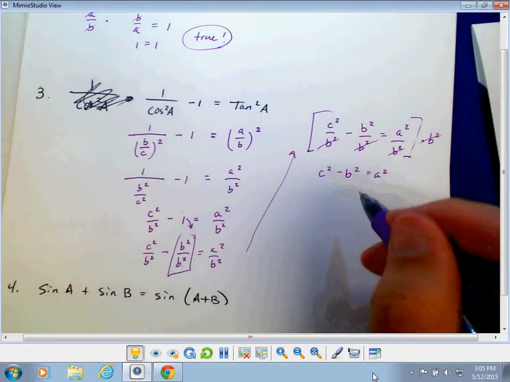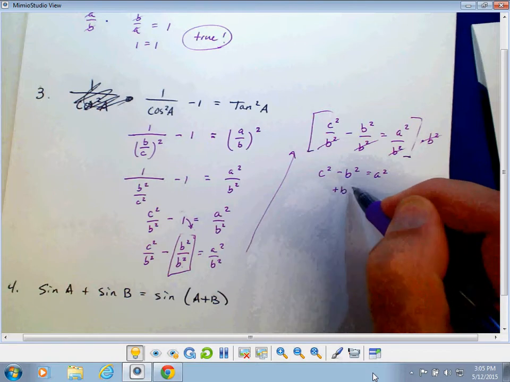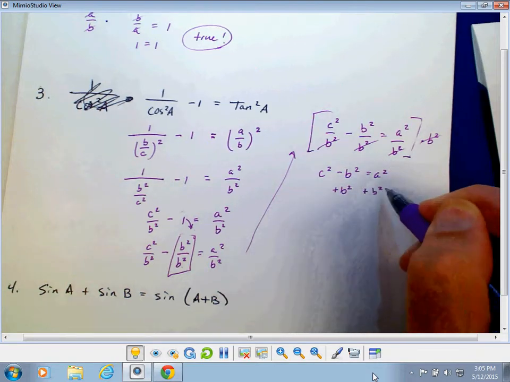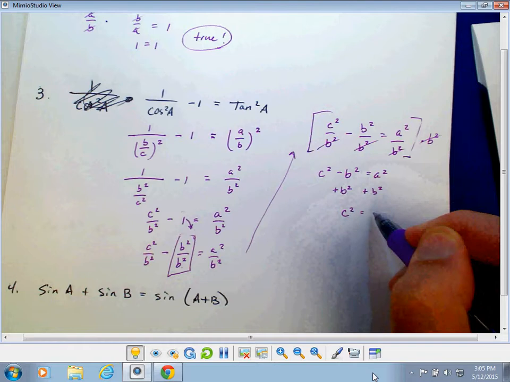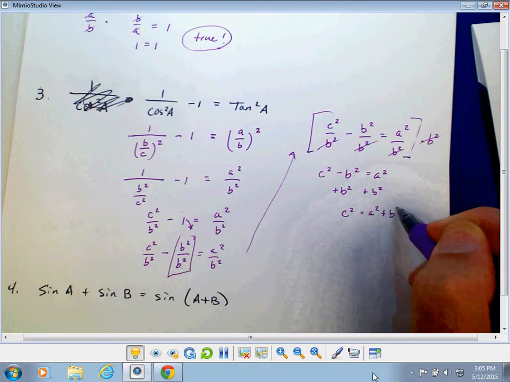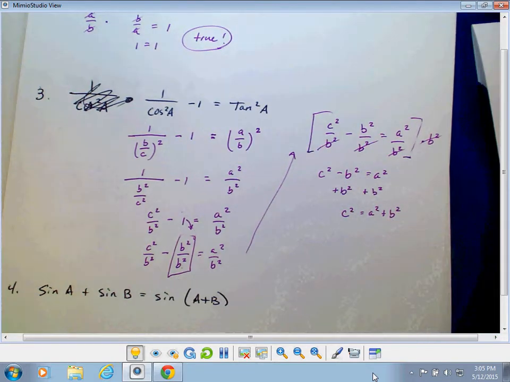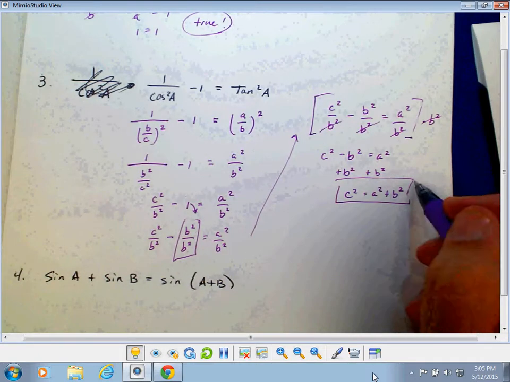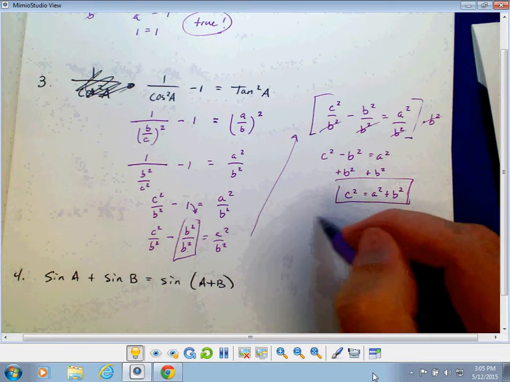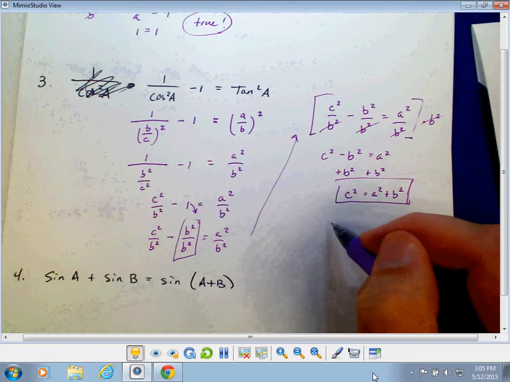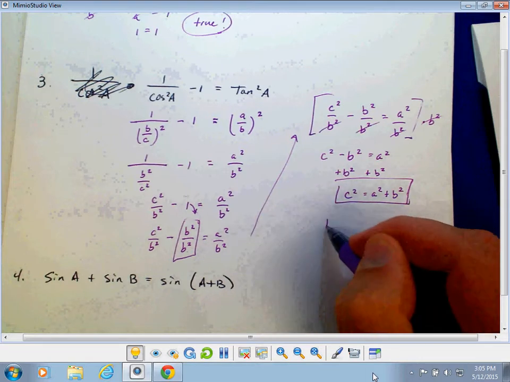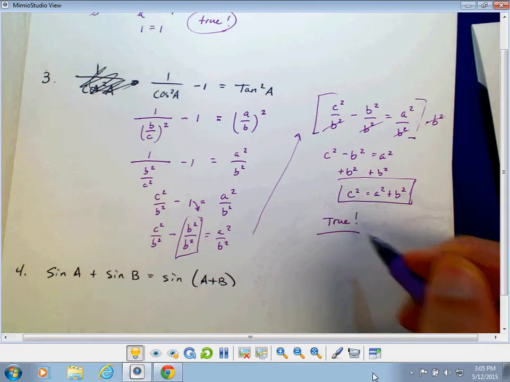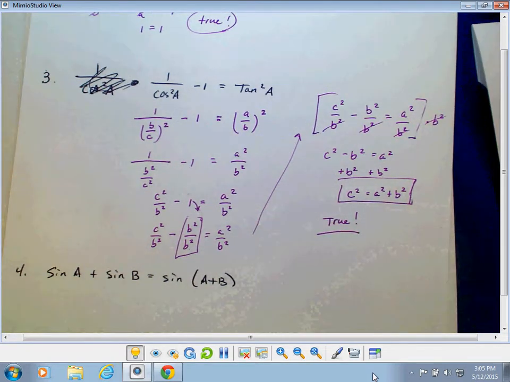Well, if I add B squared to both sides, I get C squared equals A squared plus B squared, which is something that I know is true. That's the Pythagorean theorem. So if you were trying to prove this thing, that is a great way to do it. That's algebra practice galore. But this one is true. See? So you're trying to do that same kind of thing every time.